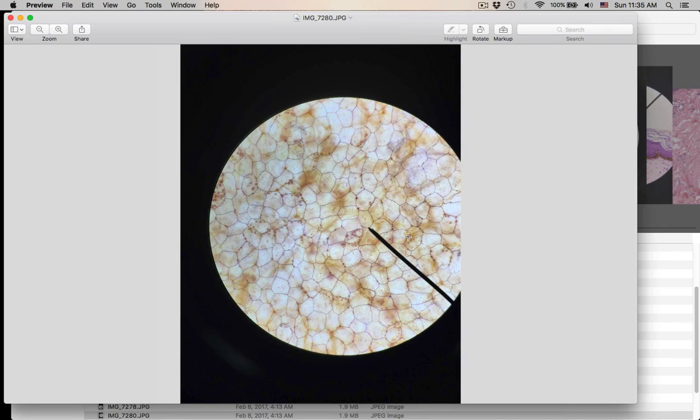Its specific name, so write that down. And where do you find this specific type of epithelial tissue? So that was number 27.